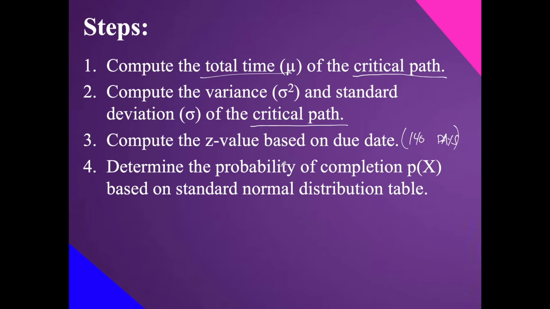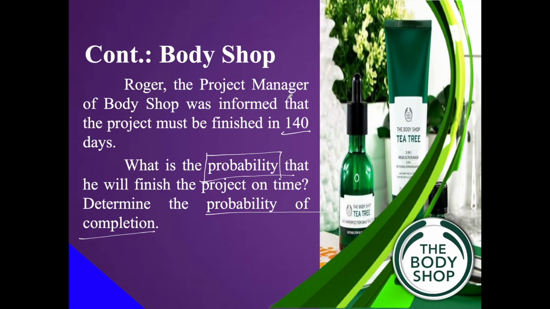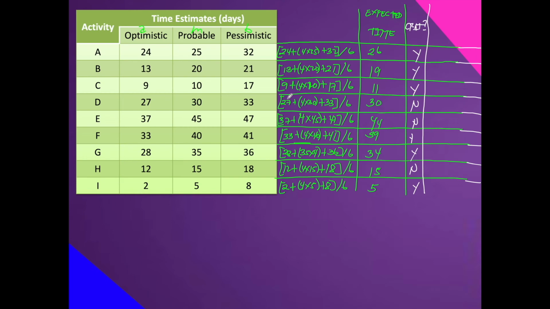Tapos, variance. Check natin. I hope you have your calculator. A. Ano yung expected time ng A? That is 26. Or ito na lang, kunin na lang natin dito. 26. Bilugan na lang natin.